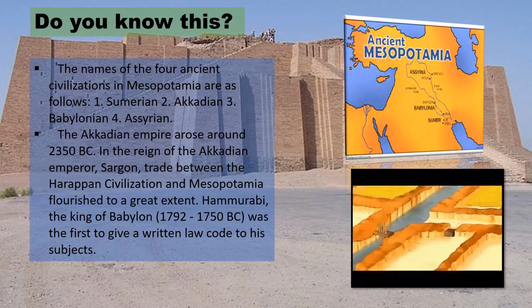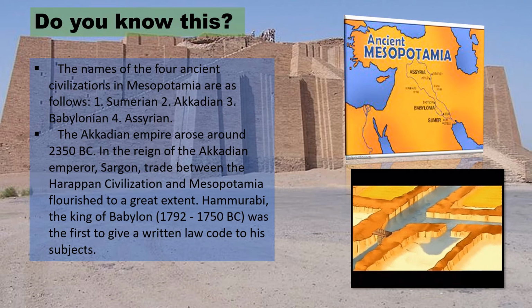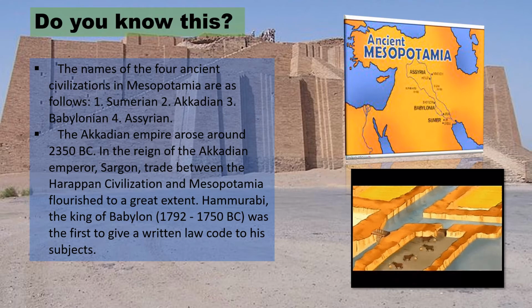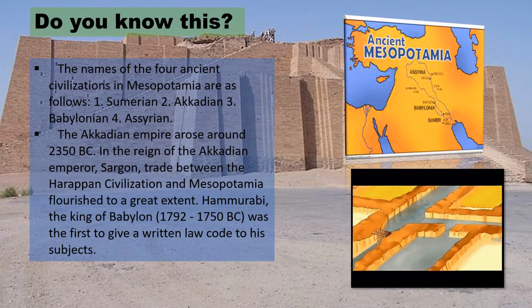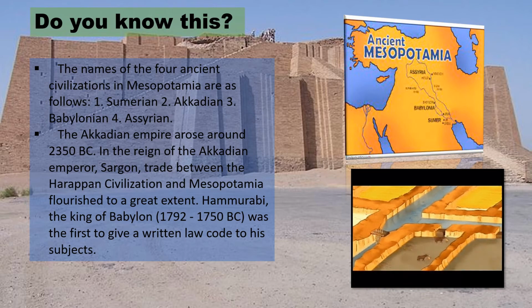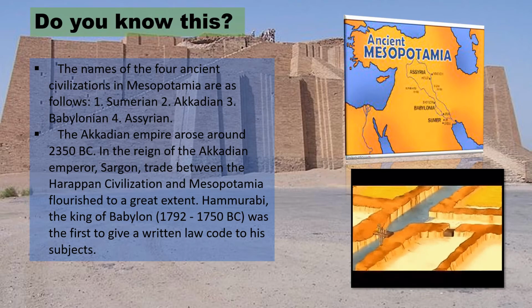Trade between the Harappan civilization and Mesopotamia flourished to a great extent. Hammurabi, the king of Babylon, 1792 to 1750 BC, was the first to give a written law code to his subjects.